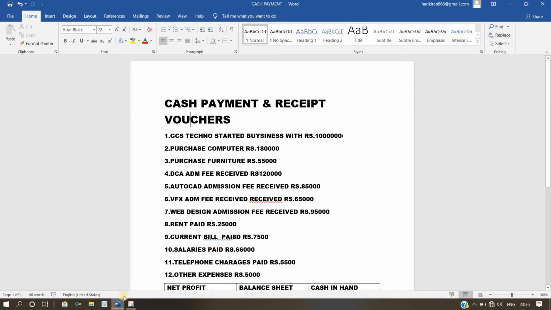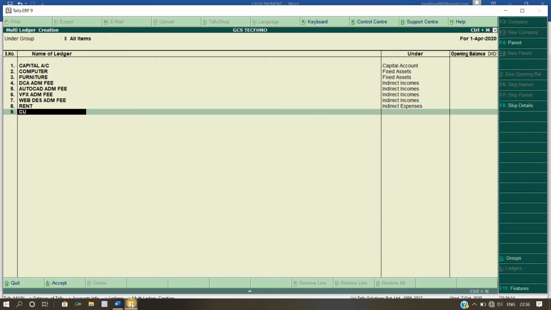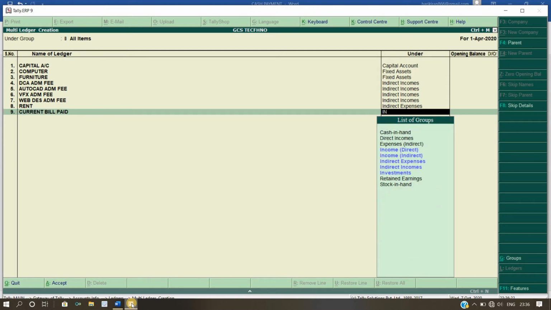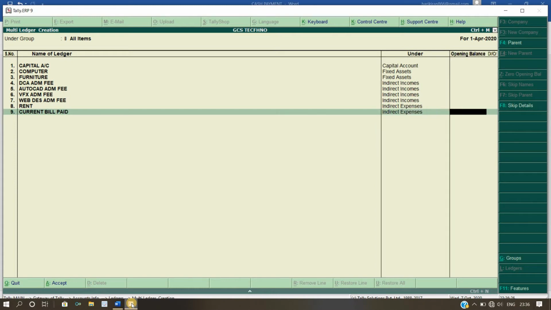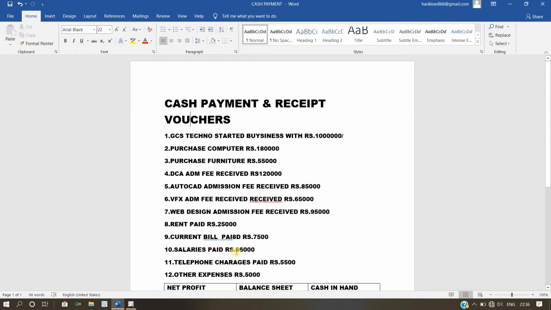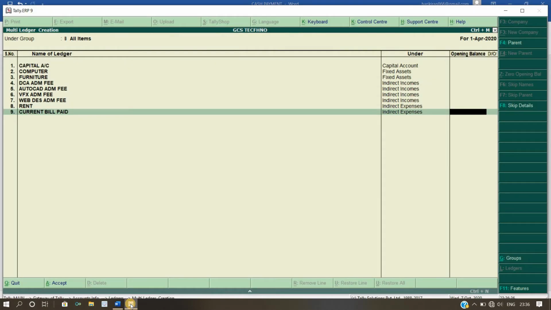And the next one is current bill paid. Current bill paid, and it is indirect expense. Next one is salaries paid, and next telephone charges paid. These all are indirect expenses.